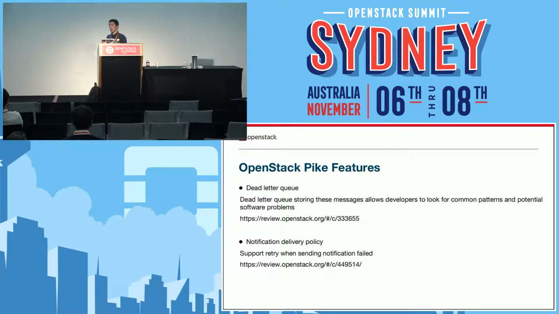We have implemented the basic architecture for the notification delivery policy in Pike, along with some basic retry policies, and we will implement more in Queens. It's ongoing and on track very well.